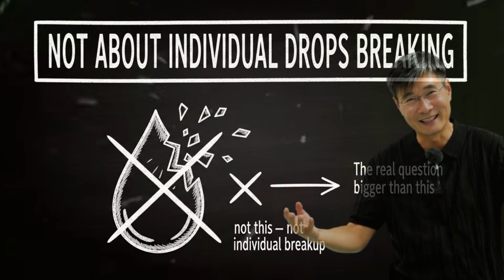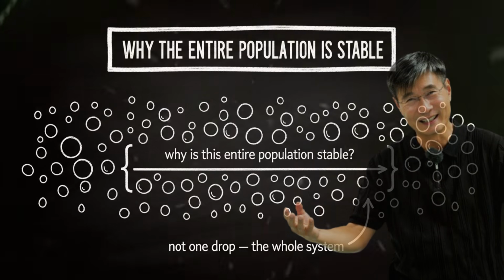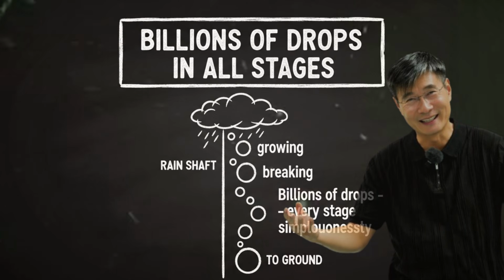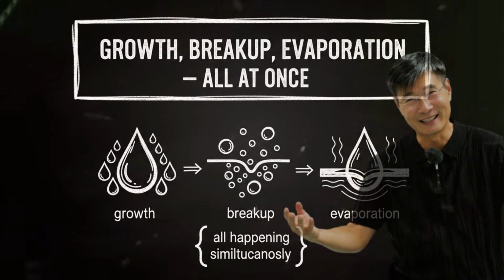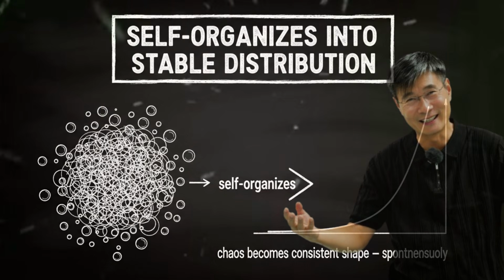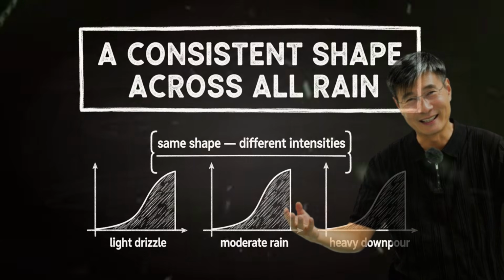The third layer is the one almost nobody discusses when explaining why raindrops have a maximum size, and it is the layer this script is actually about. It is not about why individual large drops break apart.